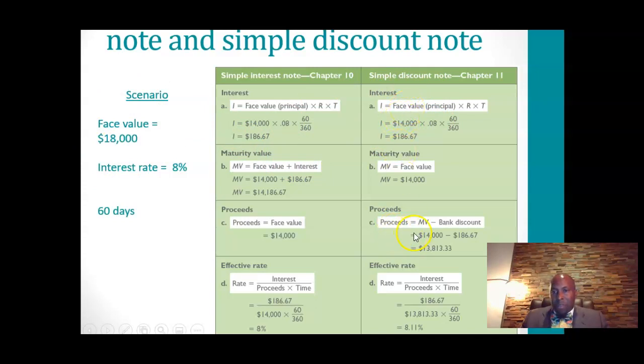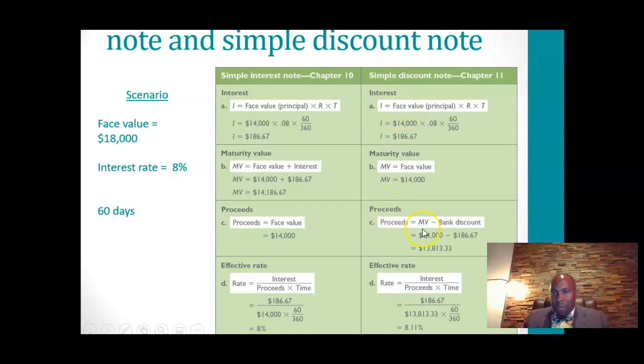Your proceeds would be the face value amount minus the bank discount. So this is a lesson for you. If you're dealing with a bank, you need to know is it a simple interest note or a simple discount note. You prefer to have the simple interest note because if it's a discount note, you're not going to receive the full face value.